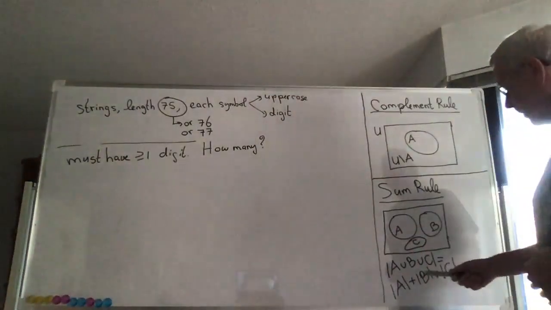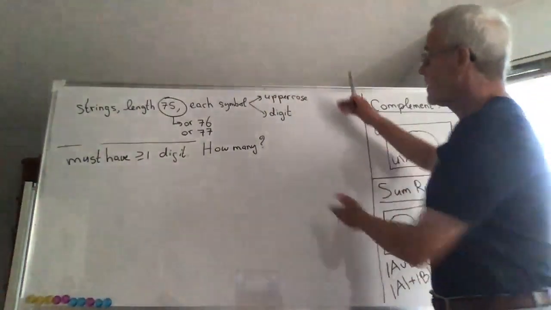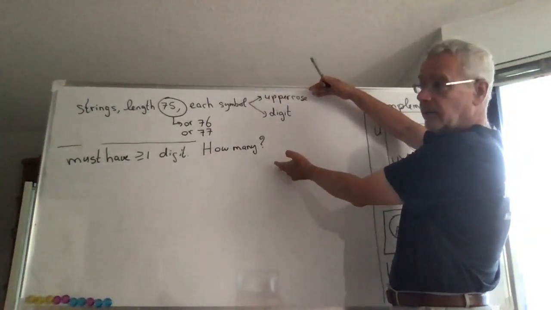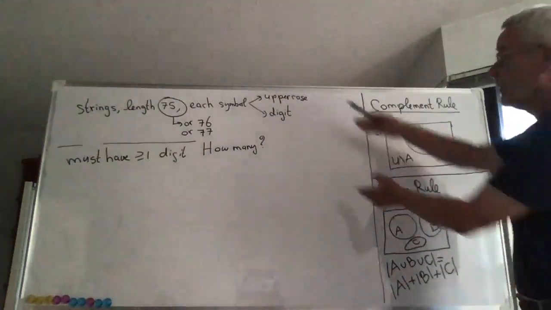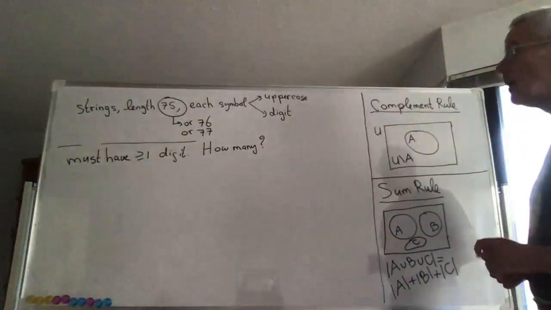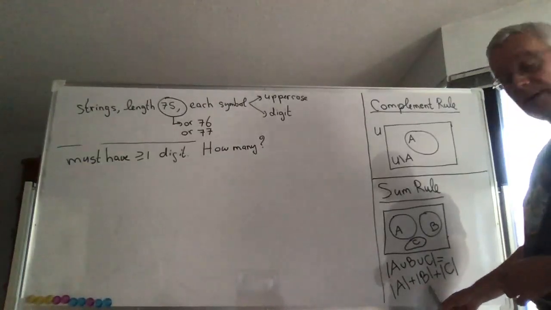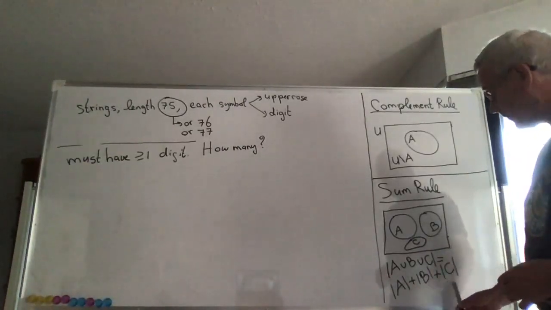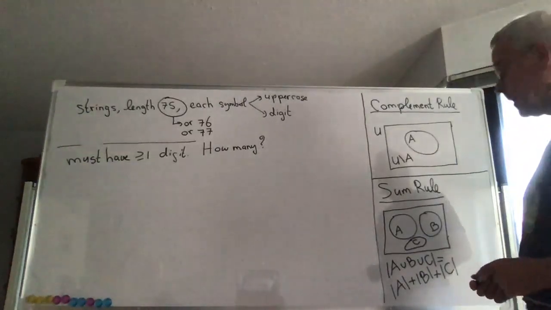Okay, so if we take A union B union C, then we get exactly the strings that we want. And the sum rule says the total number of strings we can make is the size of A plus size of B plus size of C. So what is the answer here?